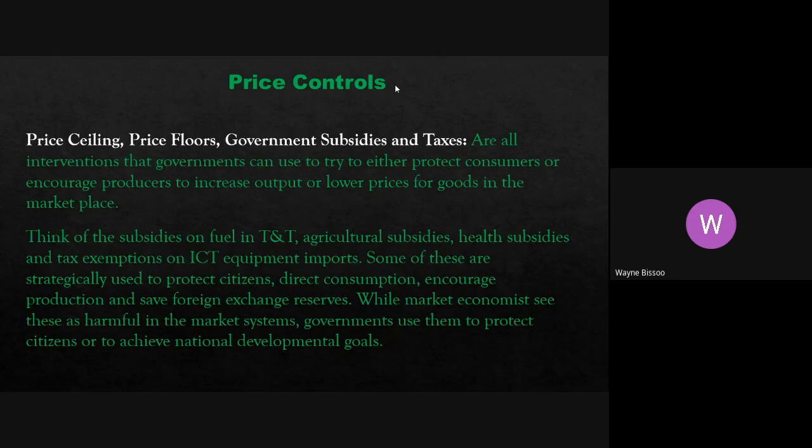So a ceiling, for example, a price ceiling, sets a maximum price beyond which you can't go. Now, if you set a maximum price below the equilibrium, that will lead to market inequality.